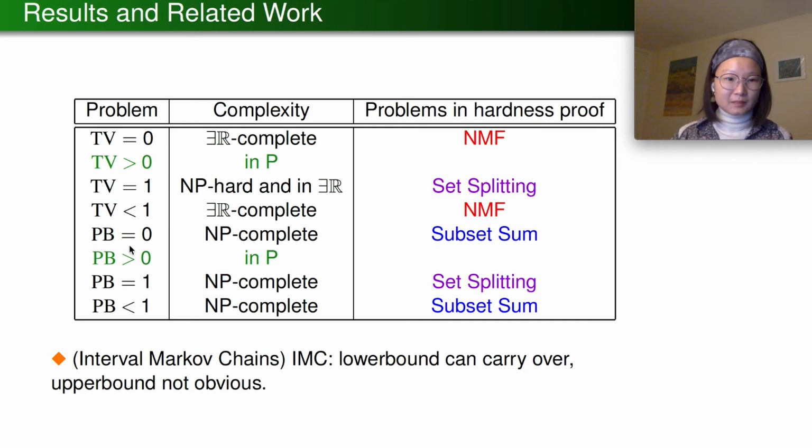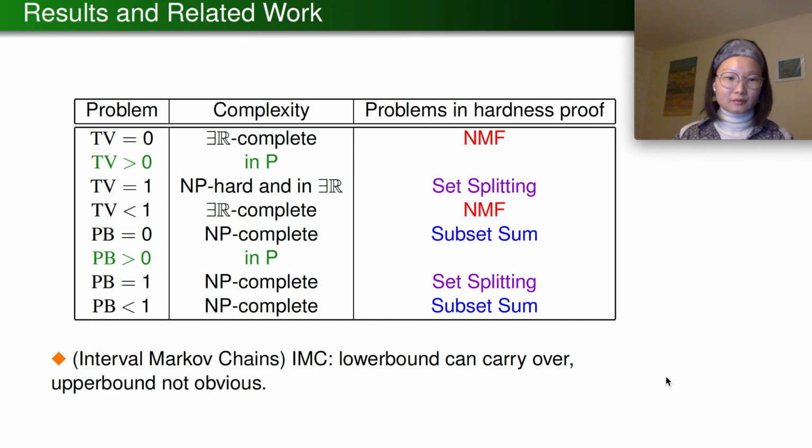The problems PB equal to 0 and PB less than 1 are proved to be NP-complete, where the reduction is from the subset sum problem. We have completeness results for all these problems except TV equal to 1, where a complexity gap remains.